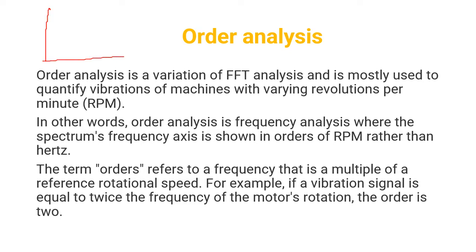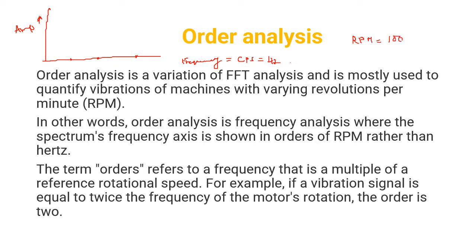How it is, I can show you. Here also you are plotting the vibration signal in terms of amplitude, and on this axis we normally get frequency. Frequency is expressed in cycles per second, or hertz, but instead of directly plotting frequency like 100, 200, 300, we can have an idea about the RPM of the machine.